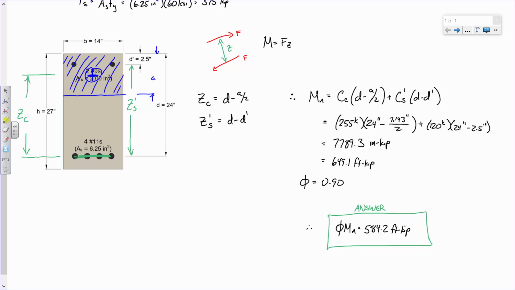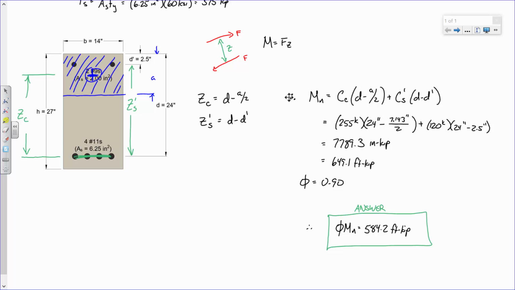Well, we did, kind of. That's a good point. Let me go back to what we did with beams. What was the capacity of a singly reinforced beam? It was As fy (d minus a over 2), right? But why did we use As fy? That was the tensile force, right? And what was the compressive force?